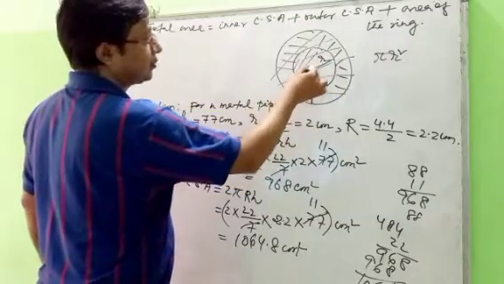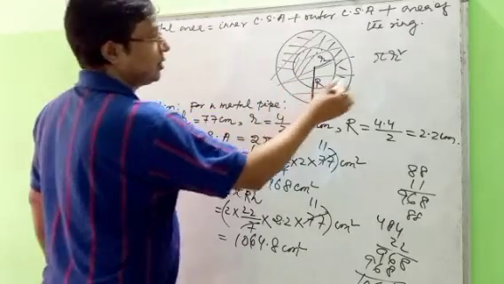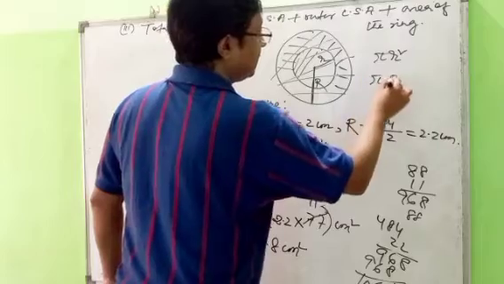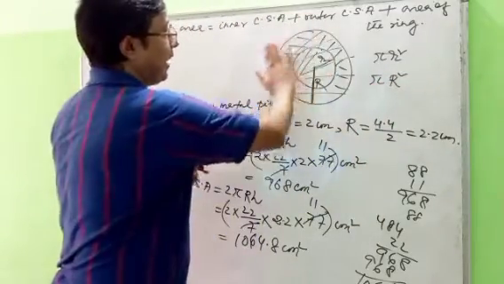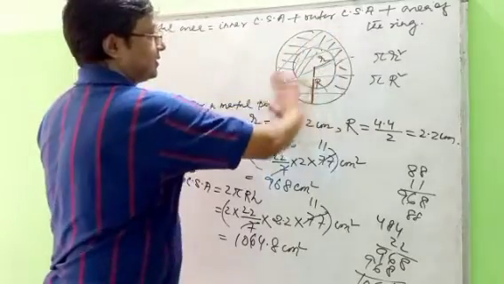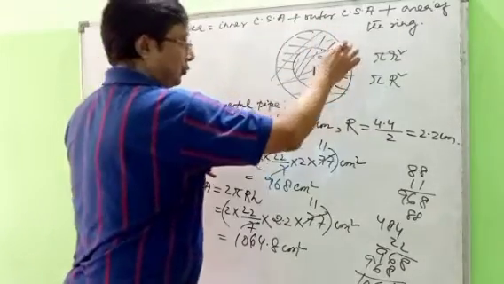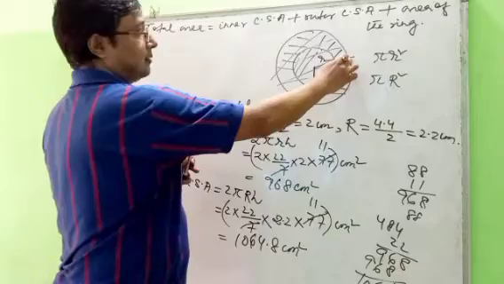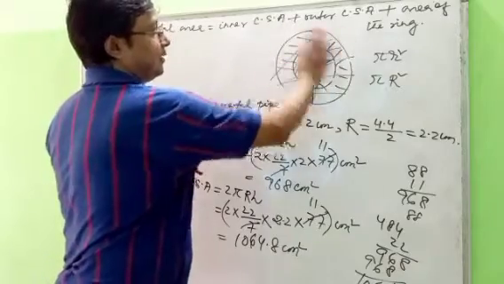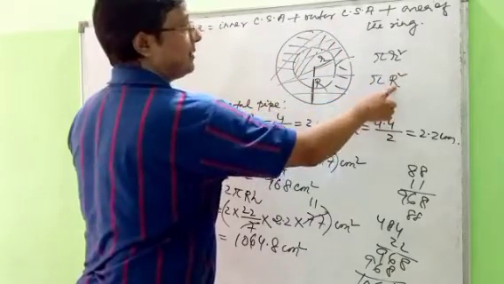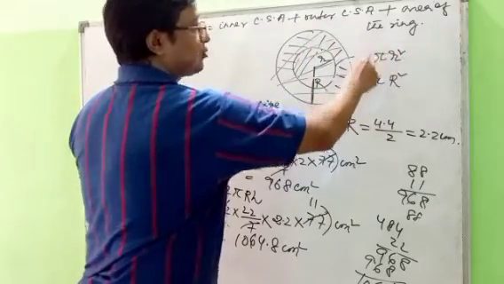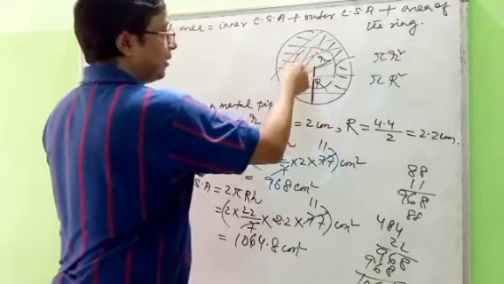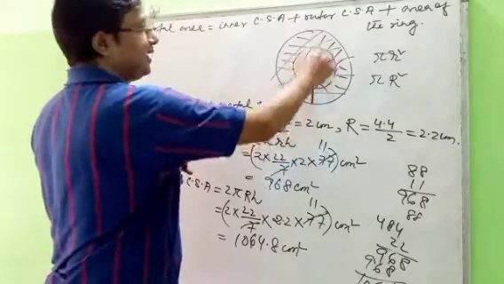It will be pi R square. So pi R square means the whole area within this outer circle, the complete area within this. And this pi r square means the area within the inner circle.